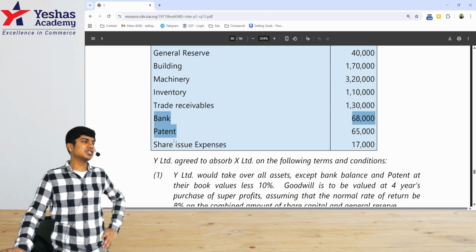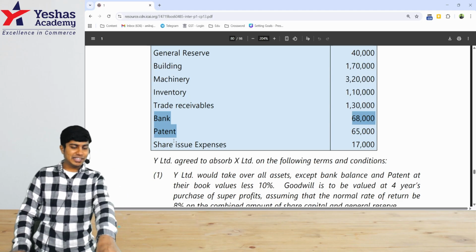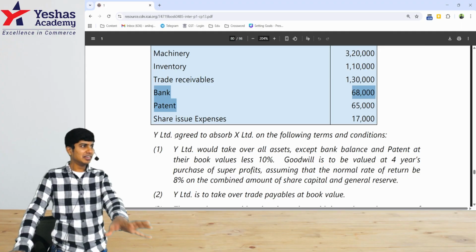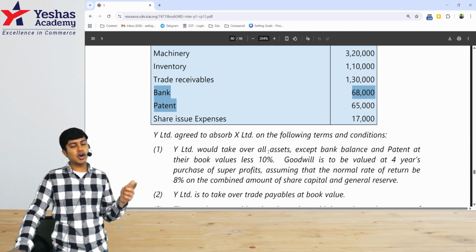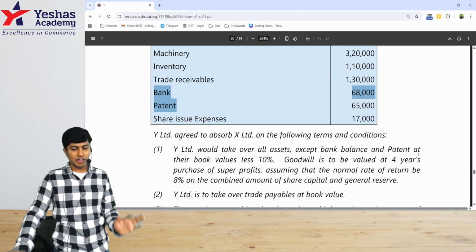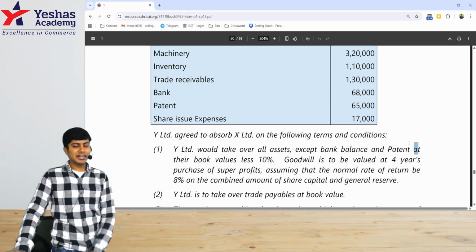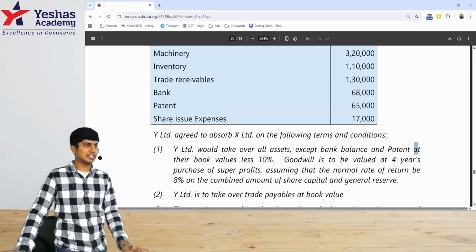Share issue expense is anyway not an asset. Little tricky, yeah? They should have used commas a little wisely. They haven't. But be aware that Y Limited would take over all assets except bank and patent. A comma should have been given here. At their book value, meaning it is not that patent is taken over at book value less 10%.